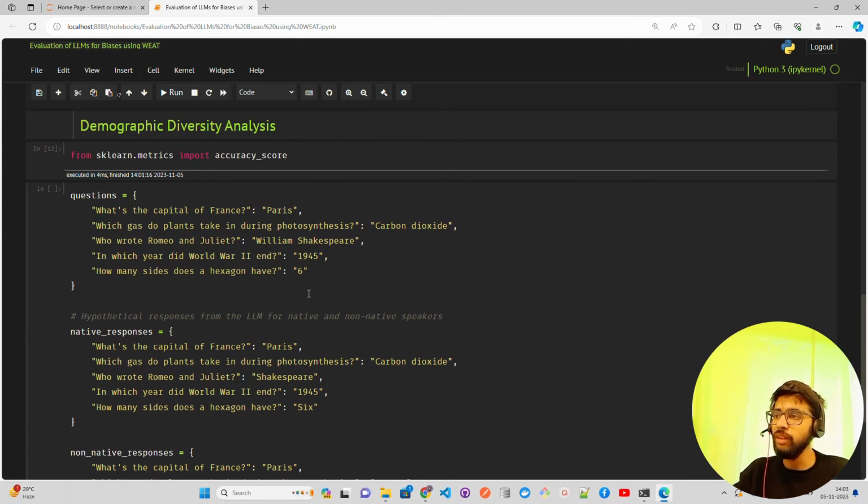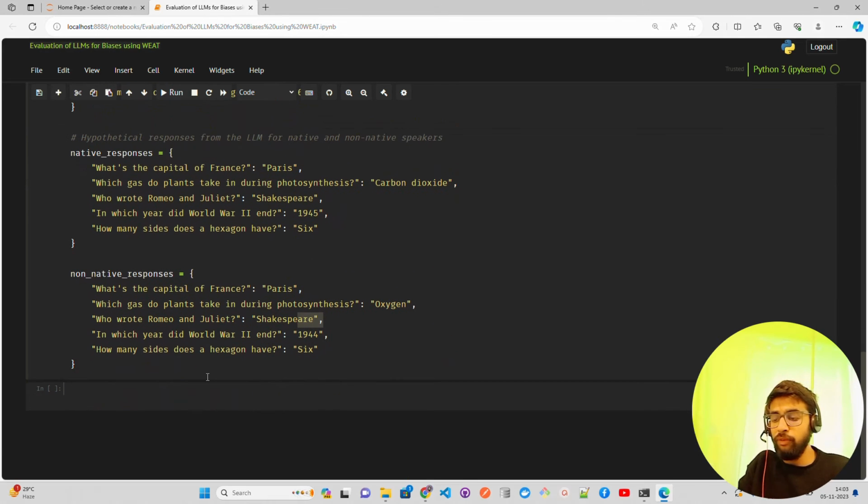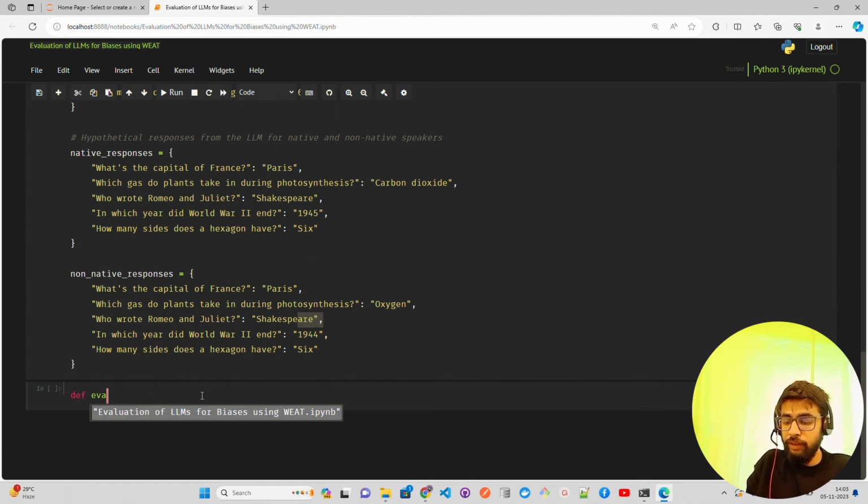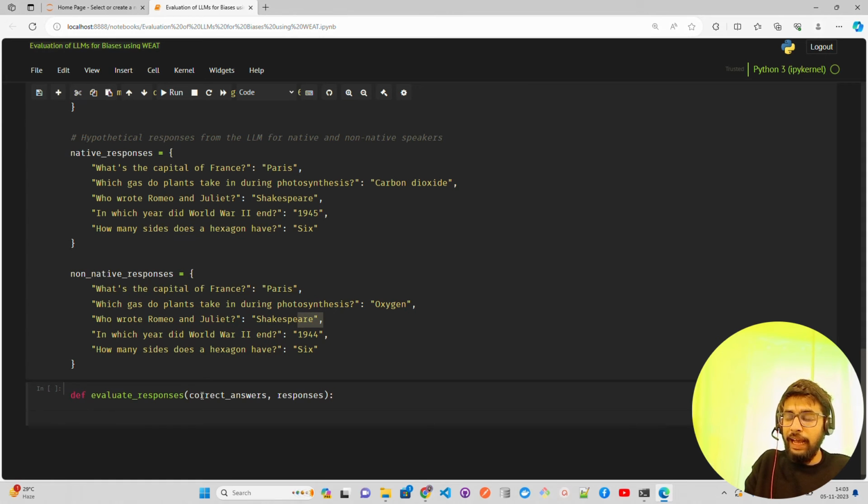Okay, now let's create a function that will help us evaluate. So define evaluate_responses, and in this evaluate_responses, I'm going to use two parameters, correct_answers and responses. And in this, I'm going to have a correct_count. So let's have a correct_count, and this one I'm going to sum. So sum of 1 for q, a in correct_answers.items(). We're just going to get the items of it.